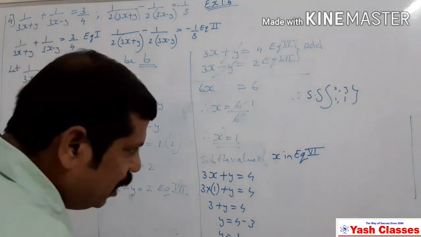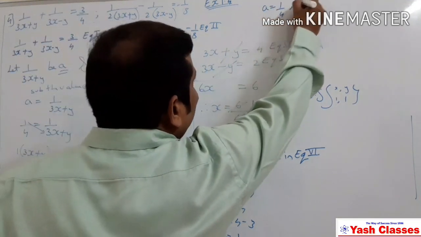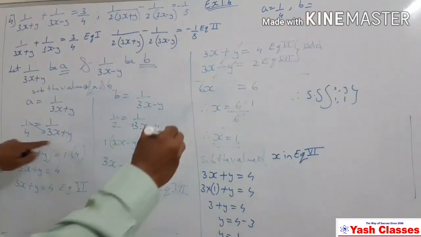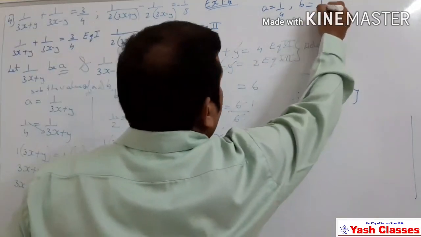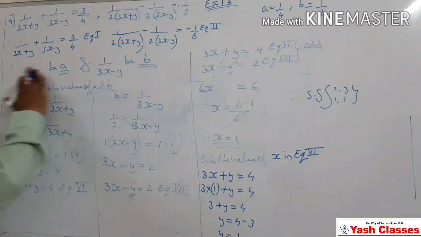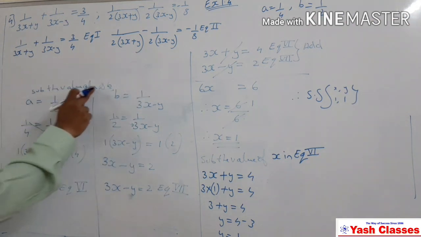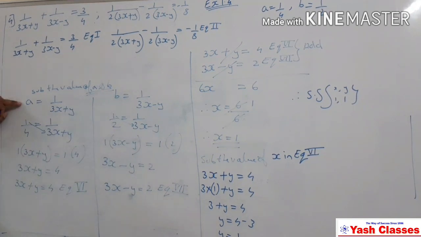Again I am explaining. We got A. See here, we got A is equal to 1 upon 4, and B we got 1 upon 2. Now we have to substitute the value. See here, substitute the value of A and B. A is equal to 1 upon 3x plus y and B is equal to 1 upon 3x minus y.